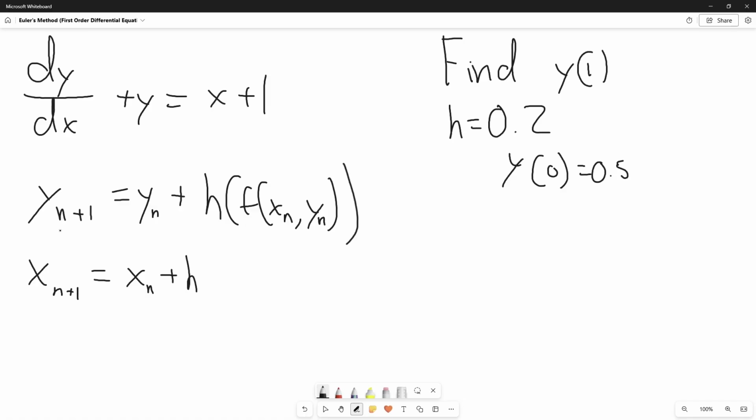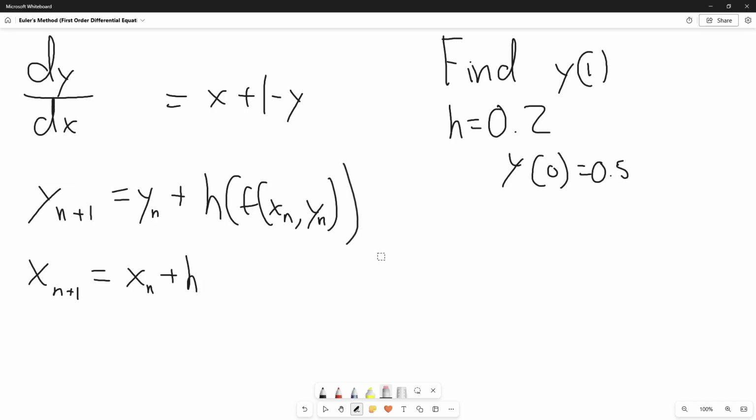So y of n plus 1, and again, n is a step number, is equal to y of n plus h times f of x comma y. And f of x comma y is just your derivative. So f of x, y is going to be dy over dx, which is equal to x plus 1 minus y in this case.